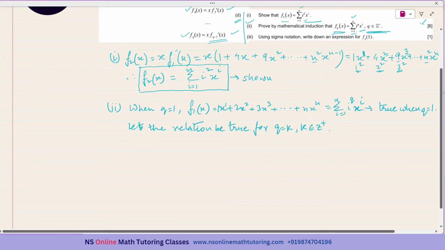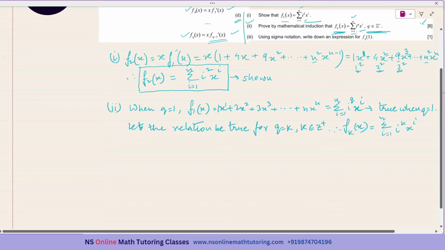Okay, therefore, in place of q, we are writing k. f_k of x is equal to sigma i equal to 1 to n of i to the power of k and x to the power of i.